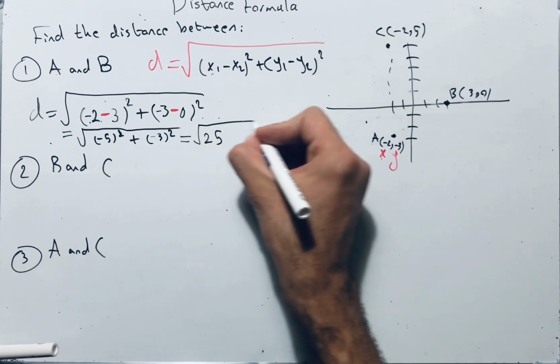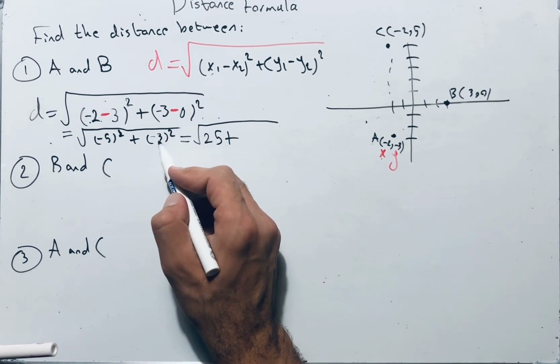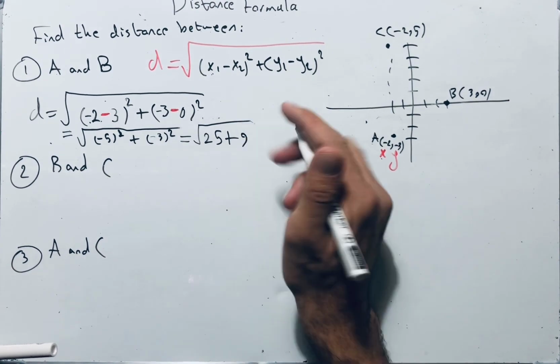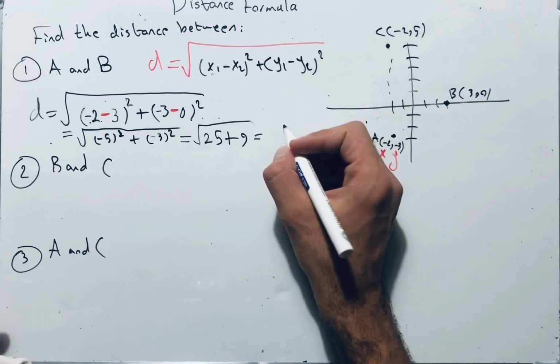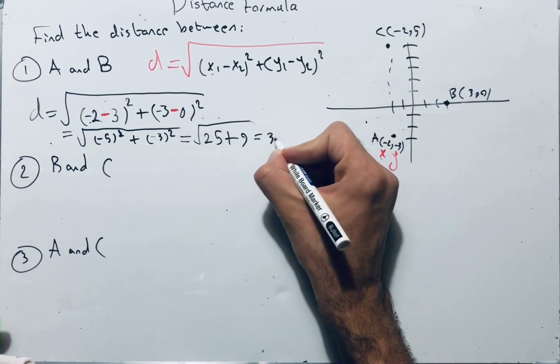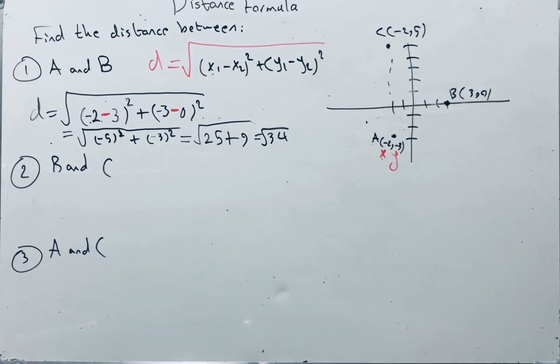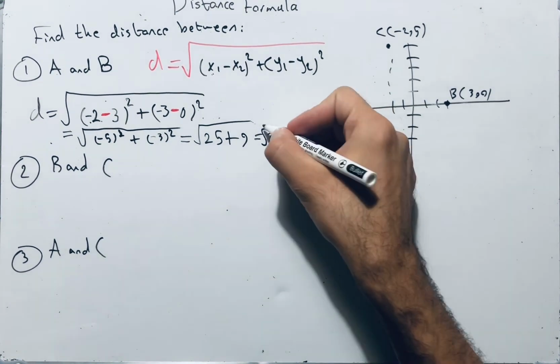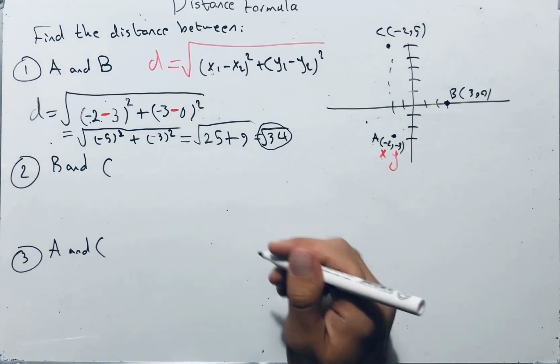Don't forget about the square root. And then -3 to the power of 2 is just 9. So 25 plus 9 is 34. So basically that's the square root of 34. You don't need to approximate this number. You can just leave it like this. So the first distance was the square root of 34.